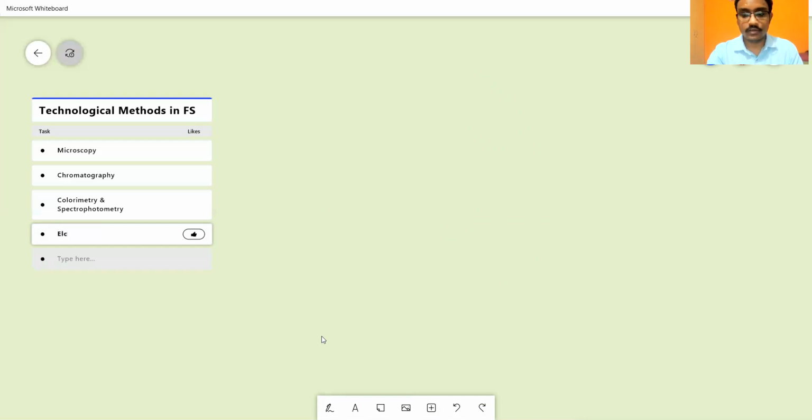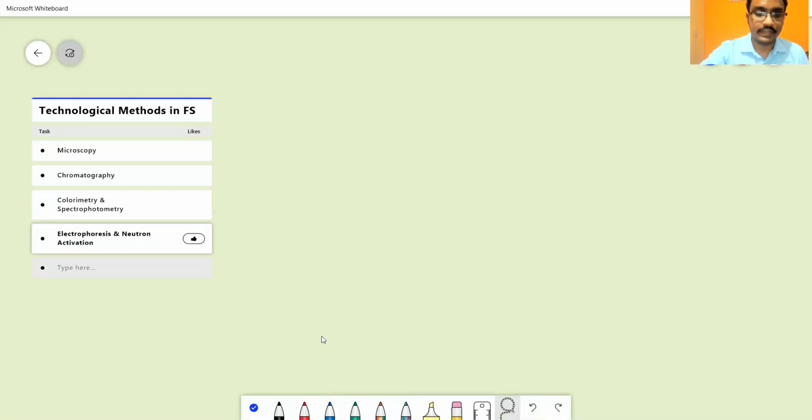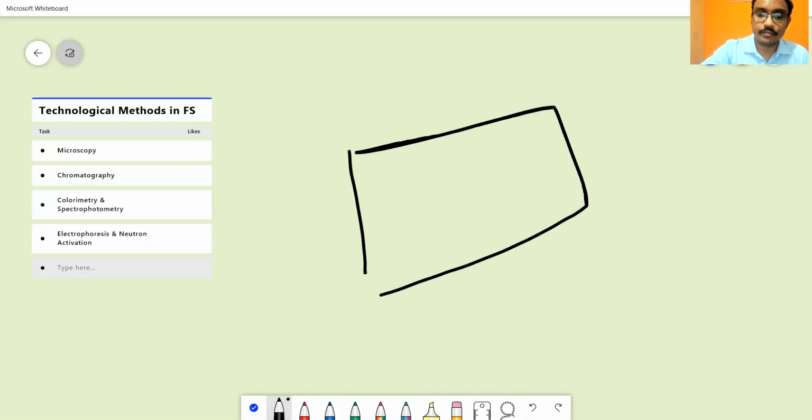The 4th unit, we'll be learning electrophoresis and neutron activation. Okay, so you must have come across this term again, electrophoresis. So we're going to use electricity in order to bring our interaction in a faster pace.